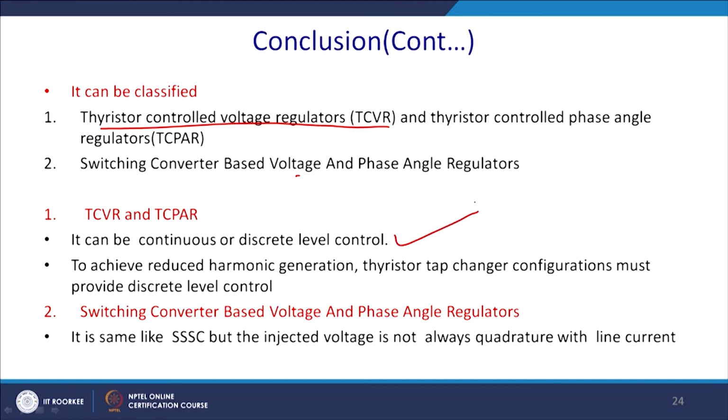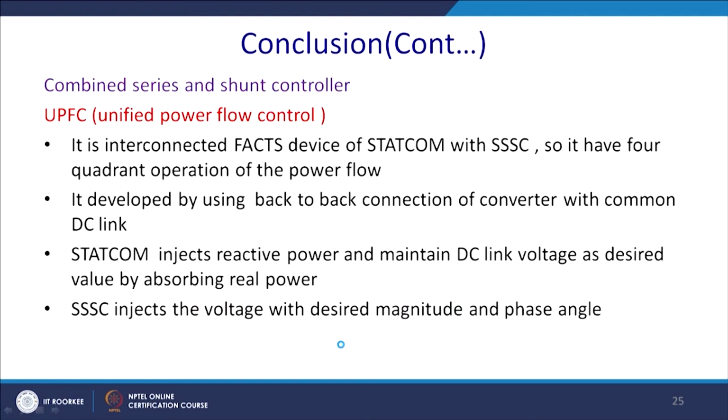To achieve reduced harmonic generation, the thyristor step changer configuration must provide discrete levels of control. The switching converter based voltage and phase angle regulator is the same as SSSC, but injects the voltage not always in quadrature with the line, and it is a combined series and shunt compensation. From there we have the most modern compensation technique, that is UPFC.